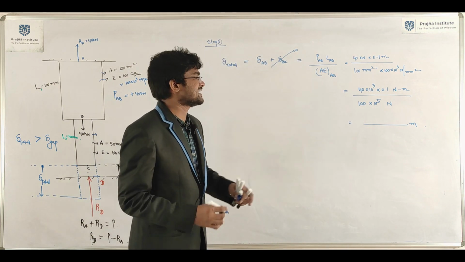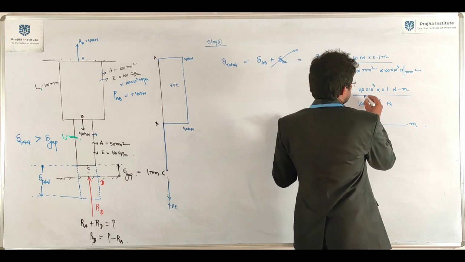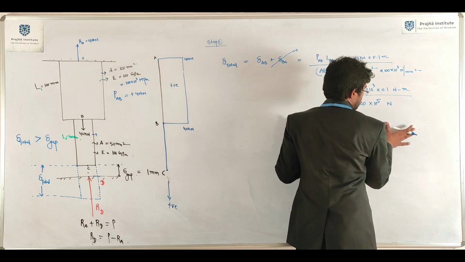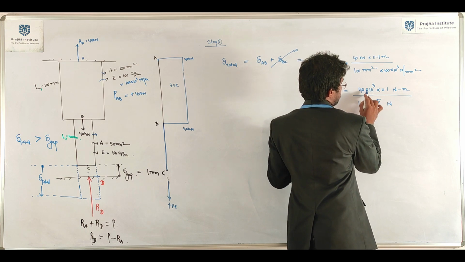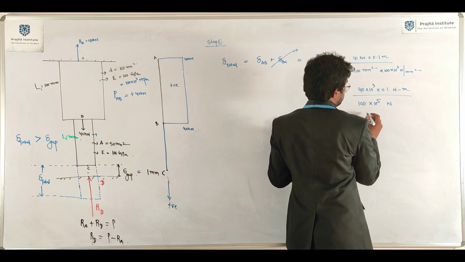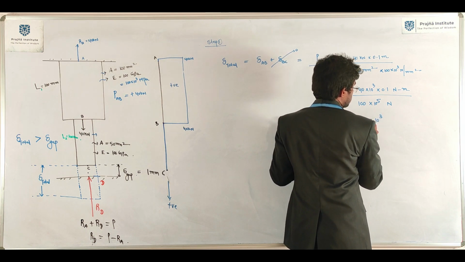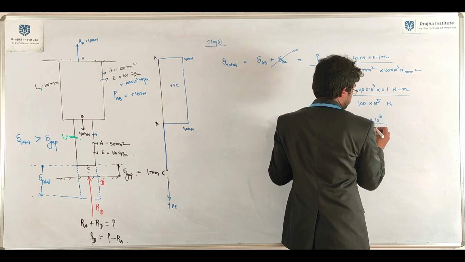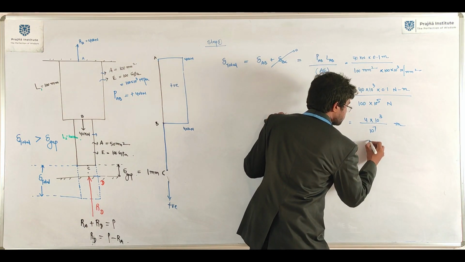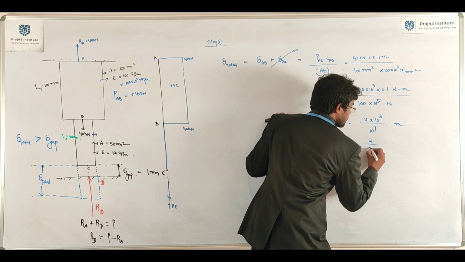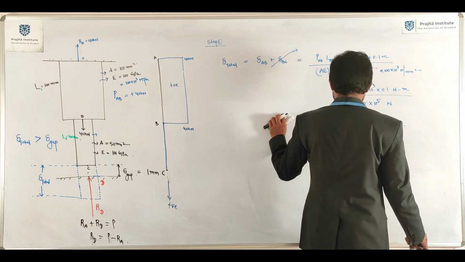How much is that? 4 into 10 cube by 10 power 7 meter. Finally, 4 by 10 power 4 meter.